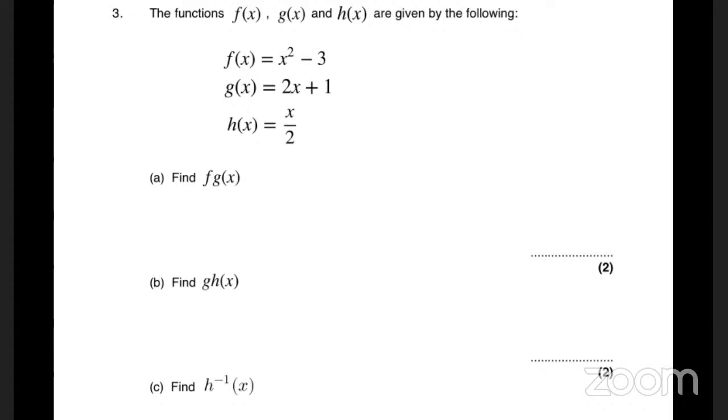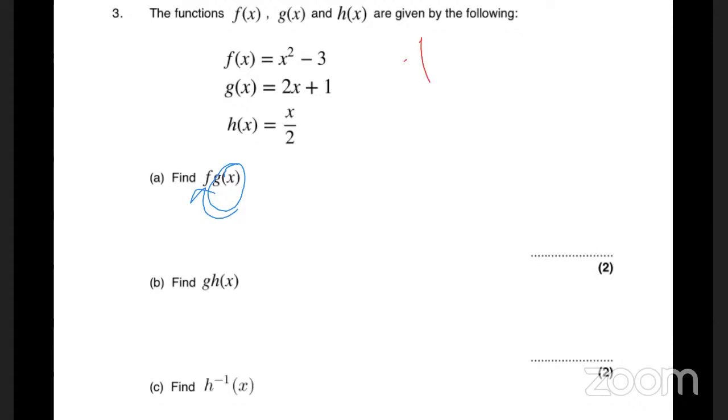So the first one says f g of x. So it means that I'm going to be putting the function g of x, nice little function here, we're going to invest it into f. Put that into f. Since it's going into f, into the bank of f, we're going to establish what that bank is.